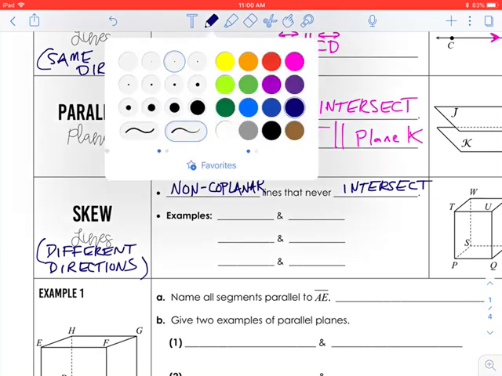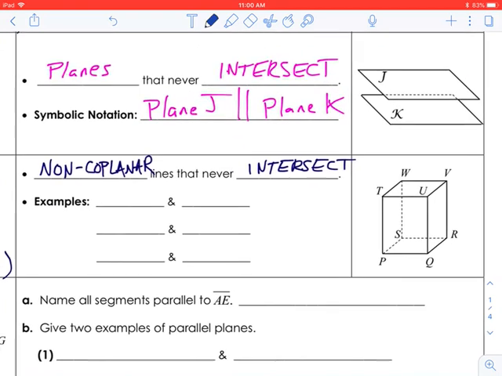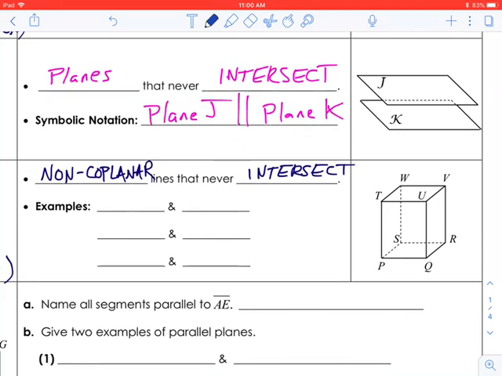So in this picture here, some skew lines, like if I looked at, let's say, PS, for instance. PS is parallel to all of these four, so it wouldn't be any of them. And it's coplanar with all of those lines here.